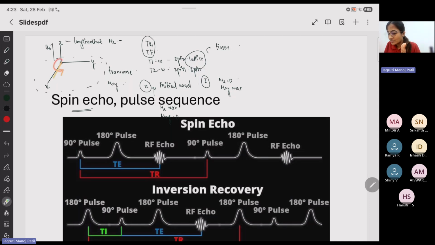Since it was shifted to this point, all your electrons will start losing their energy, because we gave them the energy of a 90-degree pulse. They all shifted from their lower energy state to a higher energy state. Now, since that was just a sudden pulse that you gave, relaxation begins. They'll all start releasing energy.